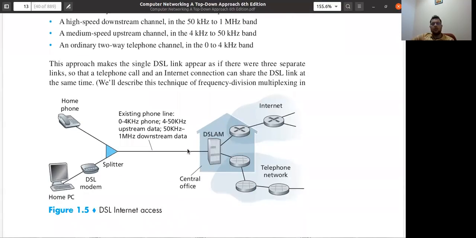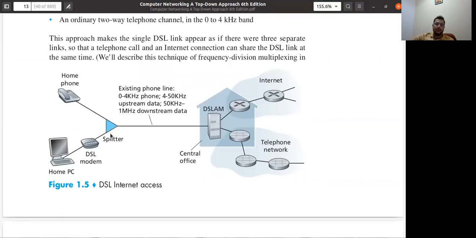If you go more into detail on how they were able to do it, for that purpose at your home side you require a DSL modem which will convert your digital signal into an analog signal, and whenever the analog comes, it will convert it back into digital signals.